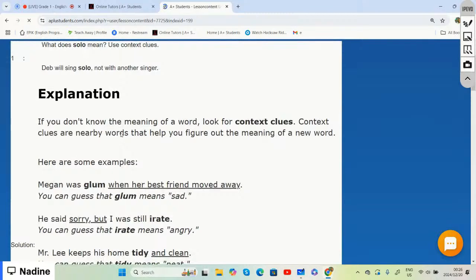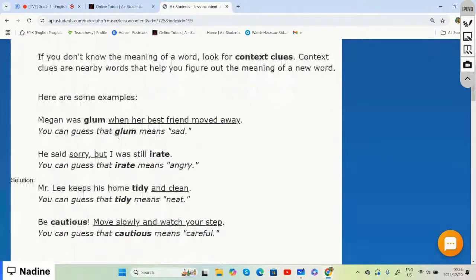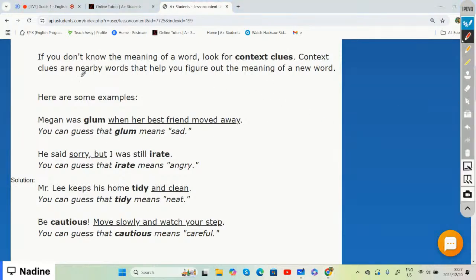If you don't know the meaning of a word, then you need to look for context clues. Context clues are nearby words that help you figure out the meaning of a new word.